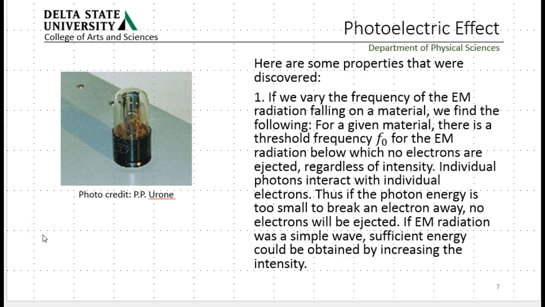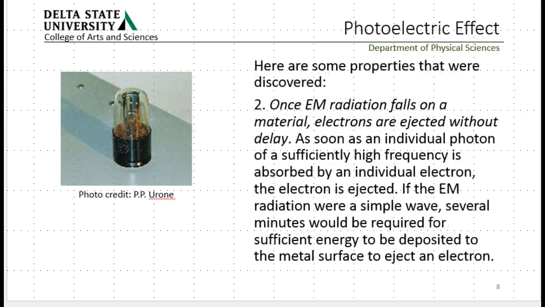up until you hit that threshold frequency, no electrons move, no effect whatsoever. And then once you get past that threshold, you begin to get electrons. That's step one. Step two, once electromagnetic radiation falls on the material, electrons are ejected without delay.